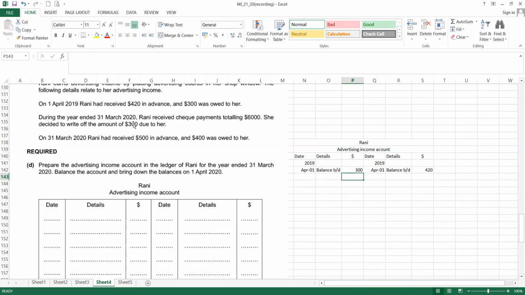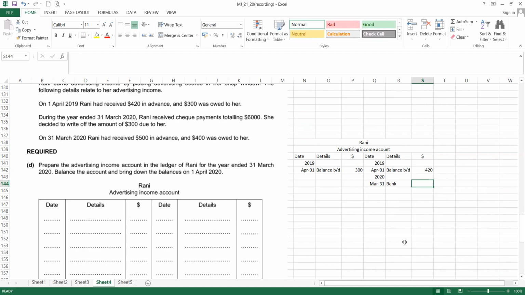During the year end, 31st March 2020, Rani received check payments totalling 6,000. She decided to write off the amount of 300 owed to her. That means this amount becomes an irrecoverable debt. So for the check received, debit bank, credit advertising income.